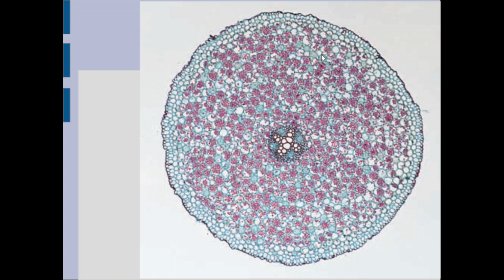Usually the cortex doesn't have many collenchyma cells, but develops sclerenchyma cells as it ages. So these have only parenchyma, but the older one will also have sclerenchyma cells, and the primary function of the root cortex is storage. So this red is actually starch.